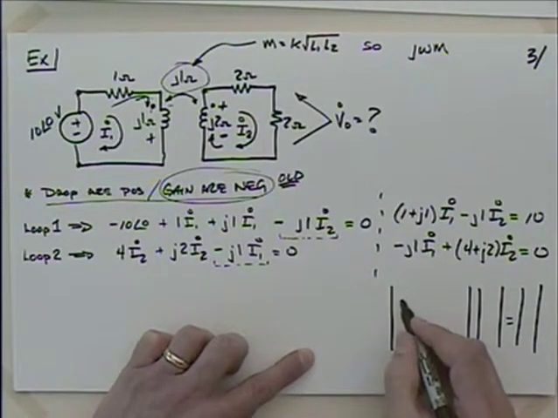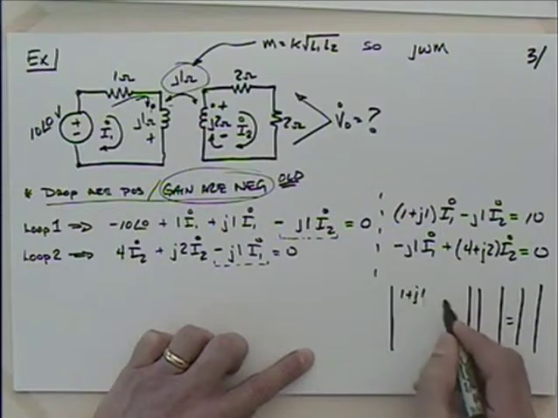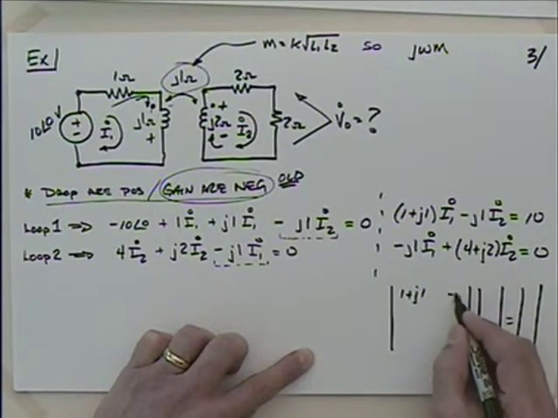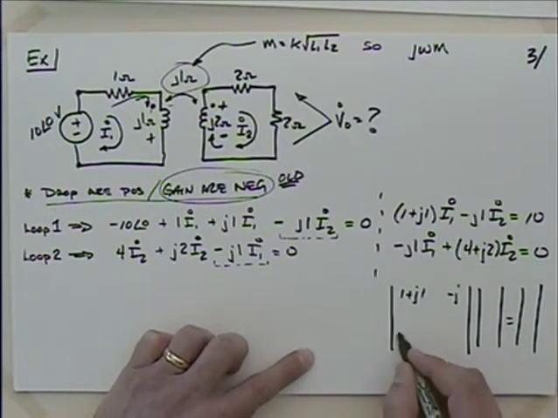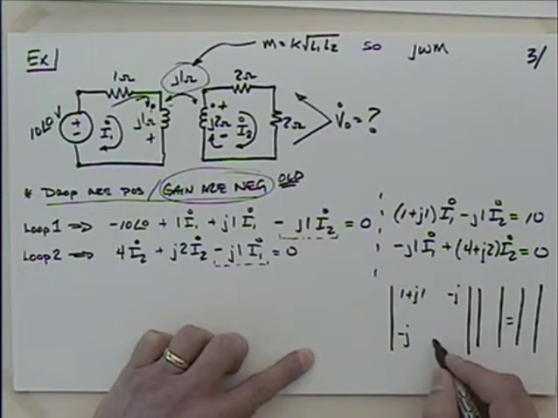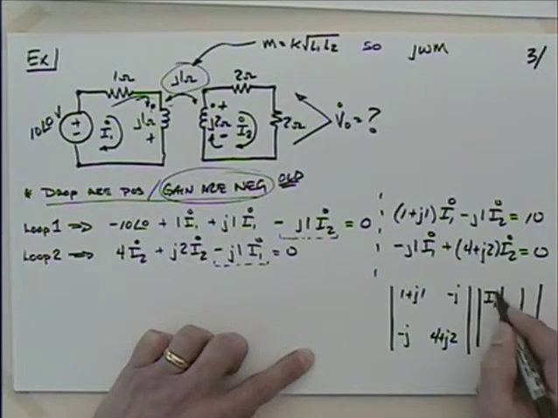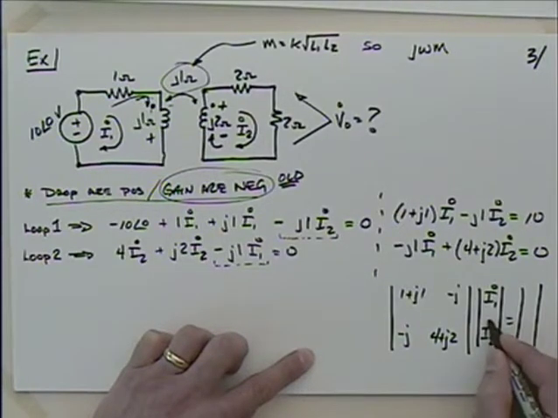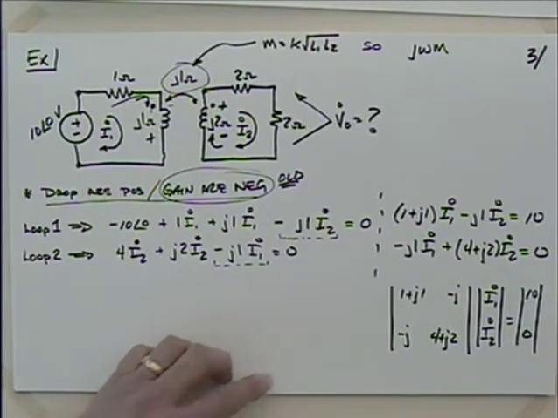This would be 1 plus j1. This would be minus j. Then I would have minus j and 4 plus j2, times I1, I2, equal to 10 and 0.